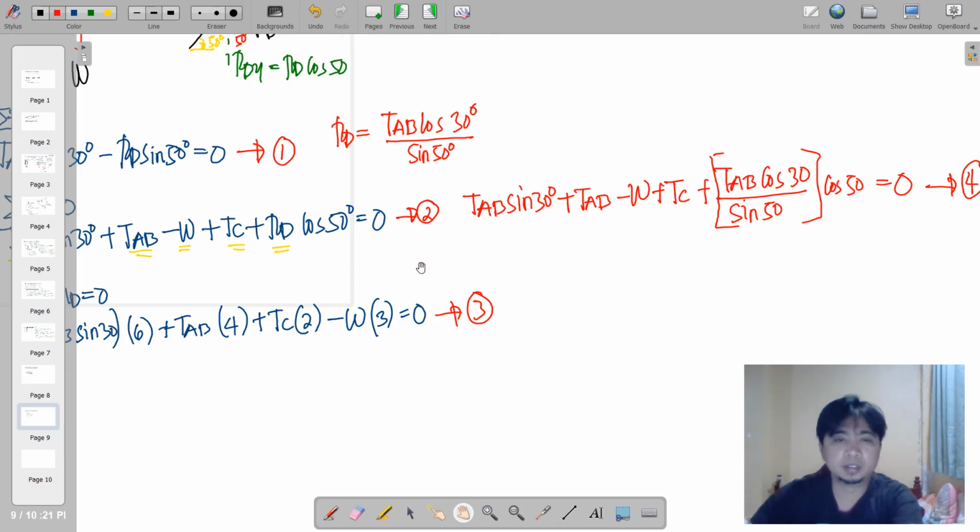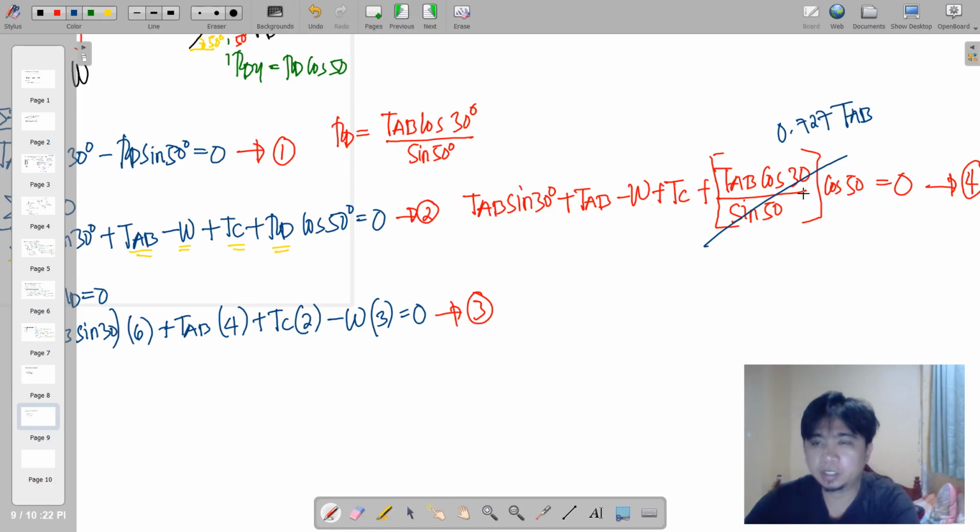Now we can do elimination out of the third and fourth equation, but before that we need to simplify the terms because all of the TAB shall combine. Say this is 0.727 TAB, so we add to 1 here, so this is 1 TAB, so that is 1.727 plus sine of 30.